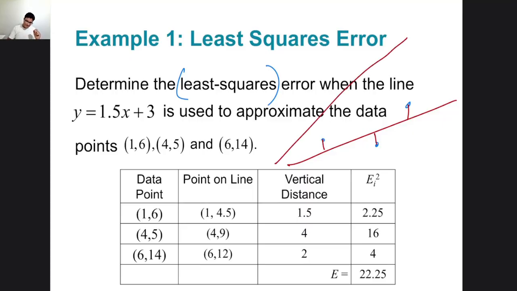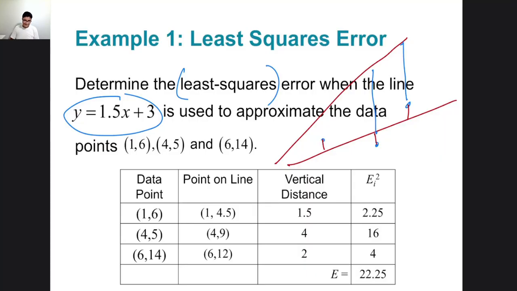If my line was something like this, I would get large error because these values would be very huge. That is the basic logic here. Right now, we don't know whether that is the best fit line.